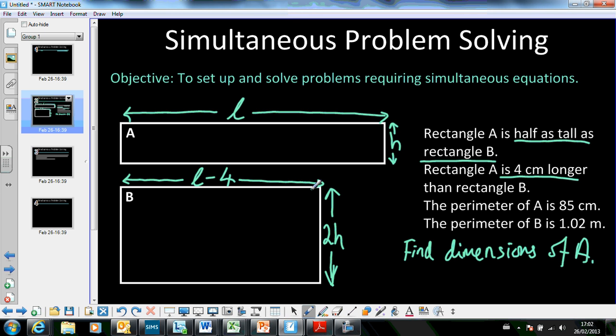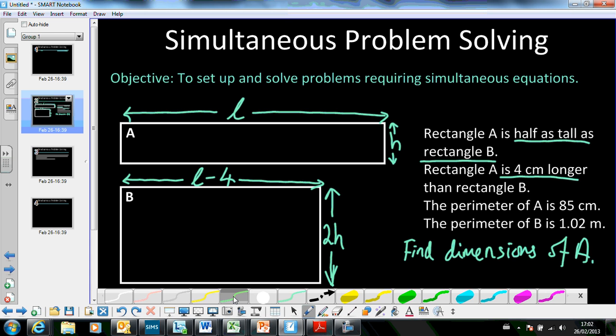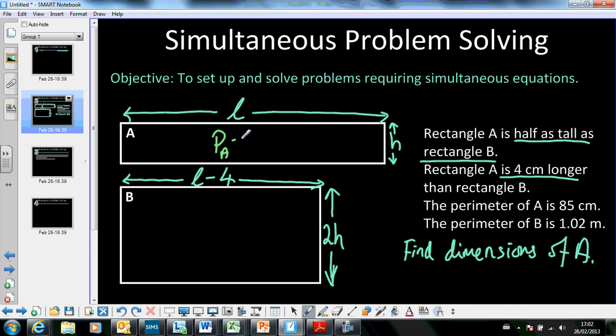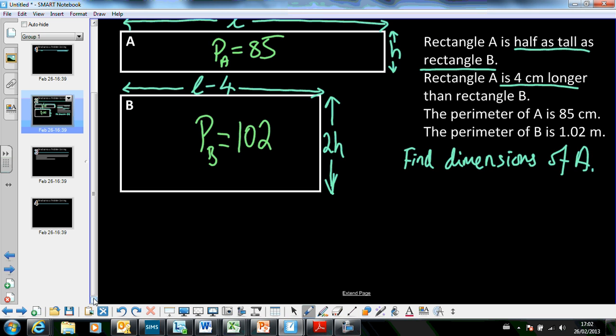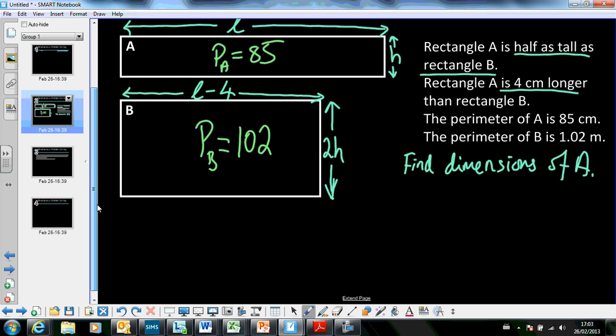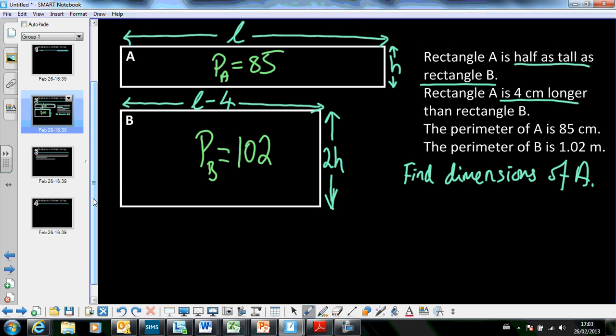So I'm working in centimeters. And we get told the perimeter of the two rectangles as well. The perimeter of A is 85 and the perimeter of B is, we're working in centimeters, so 1.02 meters, 102 centimeters. And from there, I should be able to set up two equations.